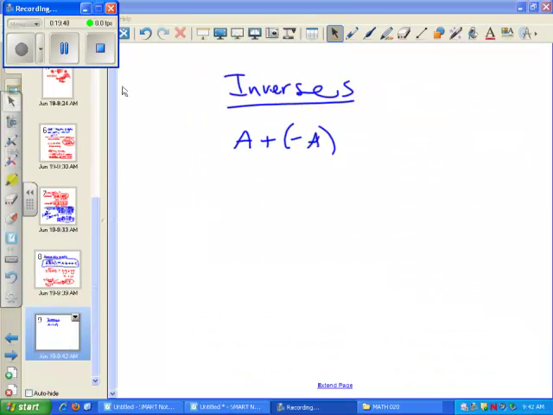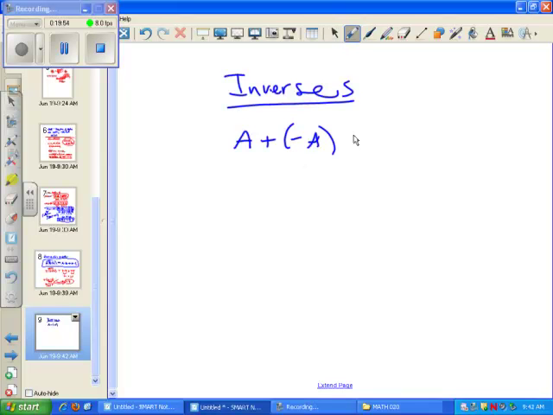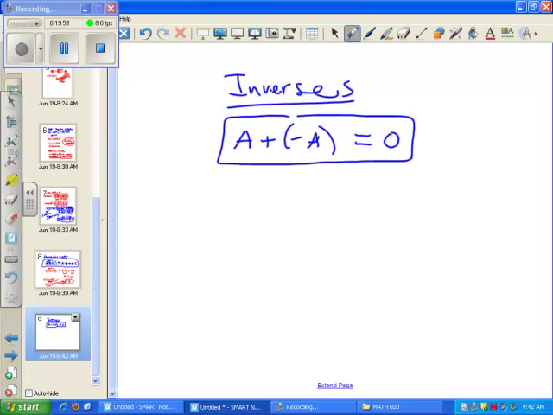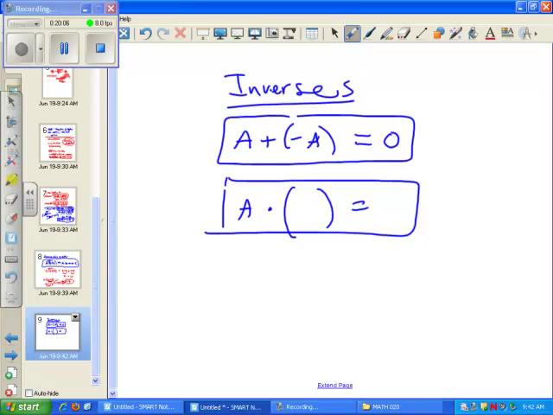Inverse properties real quick. Anything plus its additive inverse, so A plus negative A, will bring you to 0. That's your additive inverse. Your multiplicative inverse is that anything times its something will bring you to 1. A times what will bring you to 1? What is the multiplicative inverse of A?